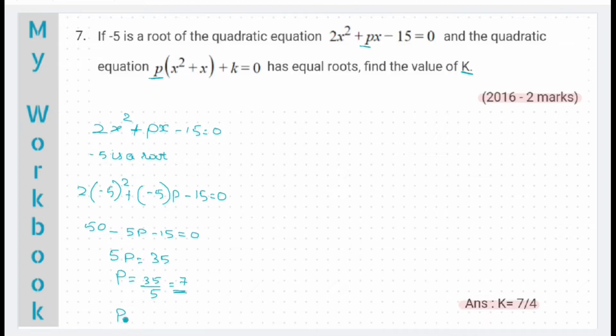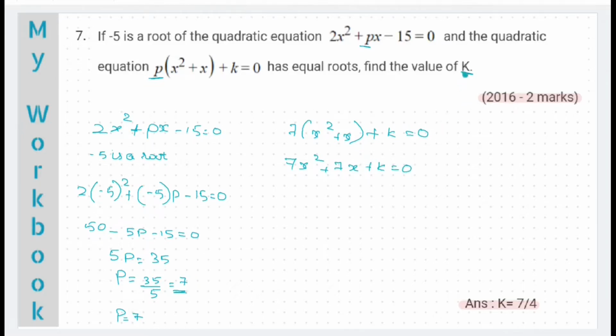So we know the value of p. So we can substitute p as 7 in the second equation. 7 into x square plus x plus k is equal to 0, which is 7x square plus x plus k is equal to 0.